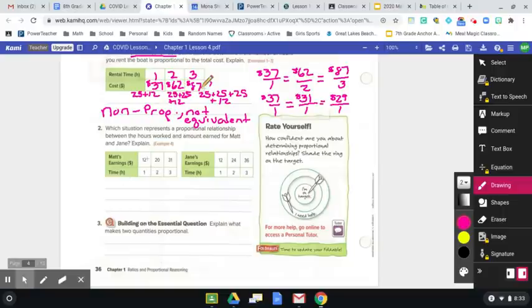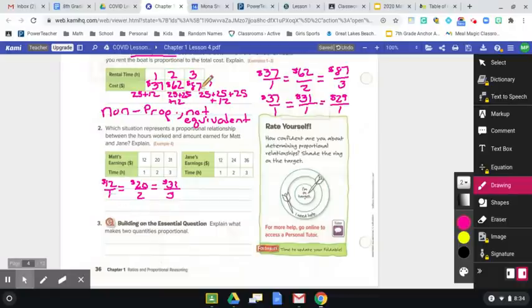So for Matt's earnings, $12 he's making for 1 hour of work. We're going to see if that's equivalent to $20 for 2 hours of work. And then lastly, we're going to see if that's equivalent to $31 for 3 hours of work.